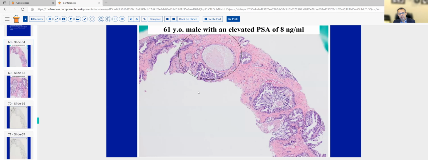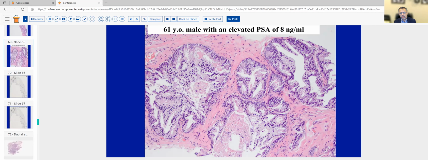So here is a nice example from a 61-year-old male with an elevated PSA of 8 nanograms per ml. You can see here in this particular area, there is a proliferation of small discrete atypical glands. So clearly, potentially a component of grade group 1. But then you see these numerous adjacent large dense cribriform glands.